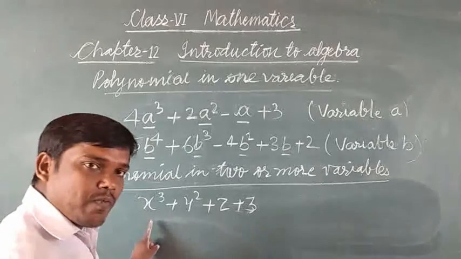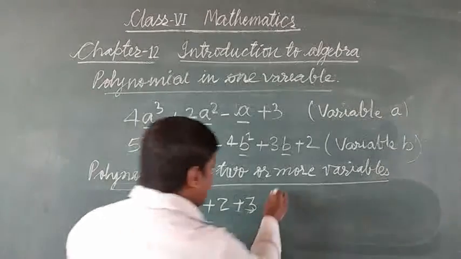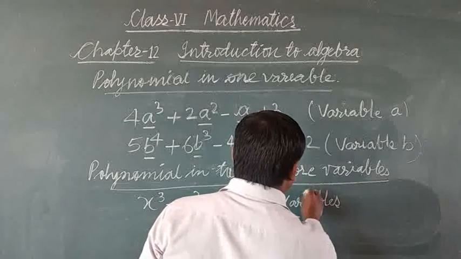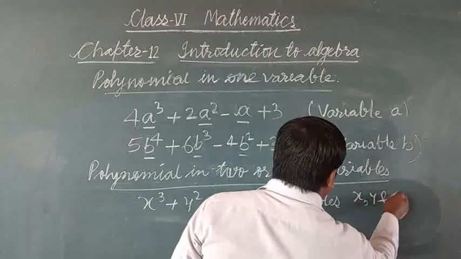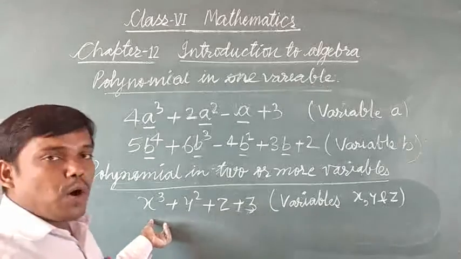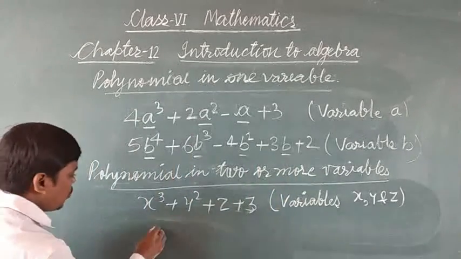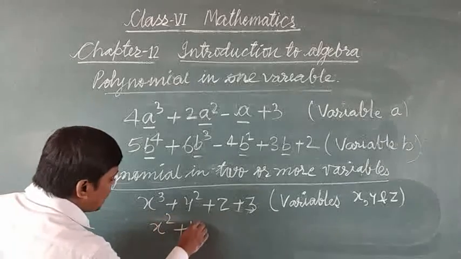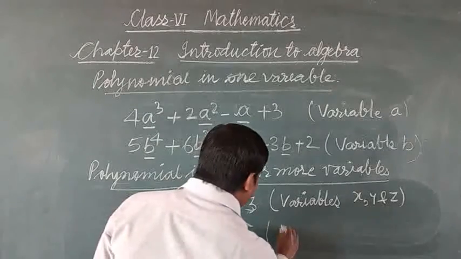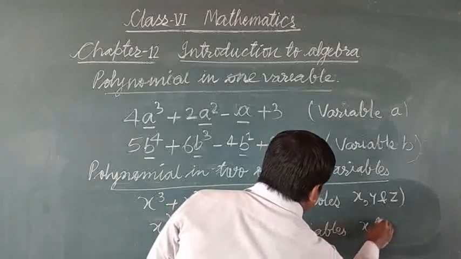We have the variables x, y and z. So this is an example of a polynomial in two or more variables. Two variables: x square plus y plus 3. This is an example of a polynomial in two variables, and here the variables are x and y.